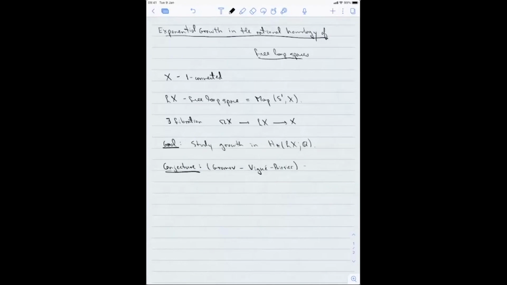homotopy theory. And it says, if X is a rationally hyperbolic space, let's say a finite CW complex, and again, simply connected, everything's simply connected, then the rational homology of the free loop space has exponential growth.